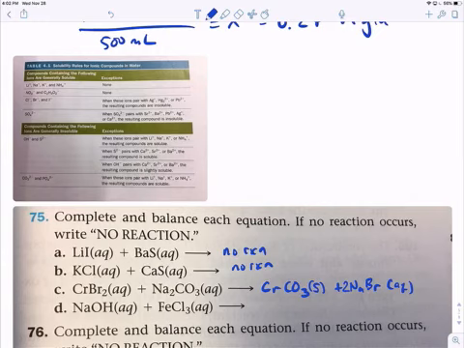All right, now part D. Sodium is an alkali, so sodium chloride is definitely soluble. Then iron hydroxide. Hydroxides tend to be insoluble with the exception of alkalis and ammoniums. Therefore, iron hydroxide is insoluble.